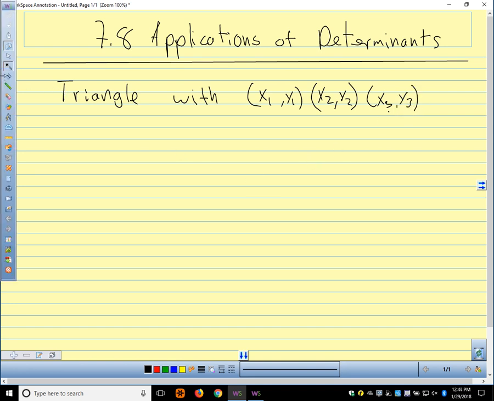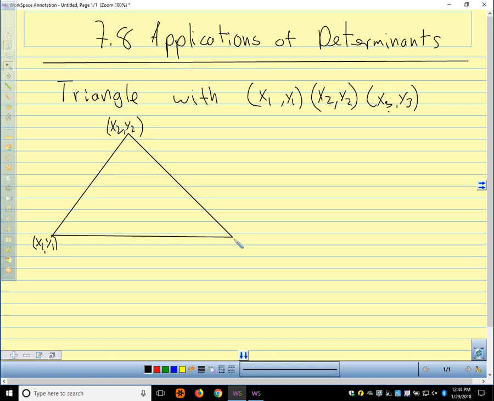Let me draw a picture just so we have a little visual. Some triangle. There are my vertices, and x3, y3. And we want to find the area of this triangle.